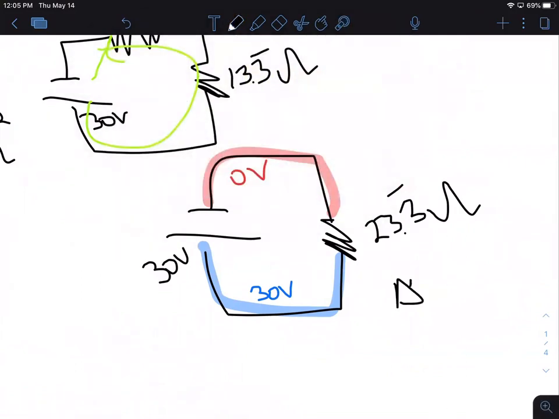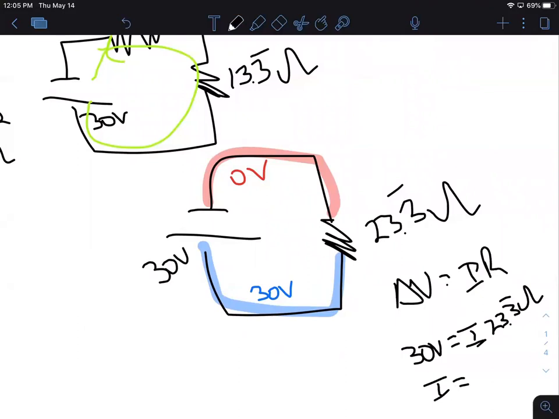So delta V equals IR. 30 volts equals I times 23.3 repeating ohms. Do some math on that. 30 divided by 23.3, throw a bunch of extra threes in there because it's repeating.